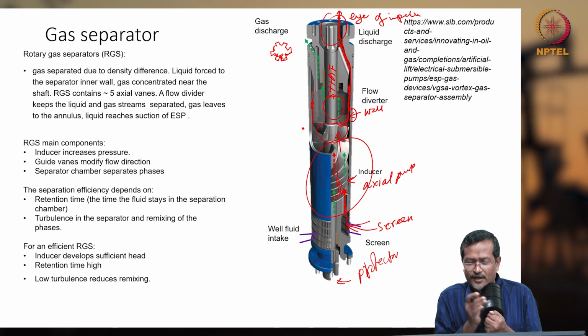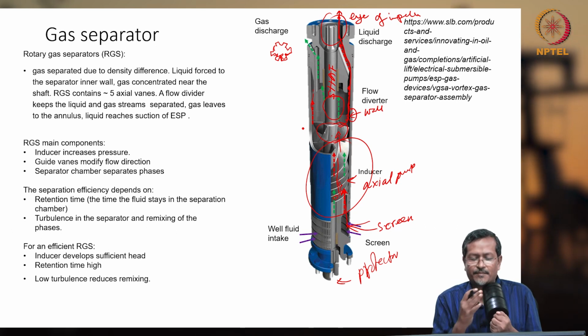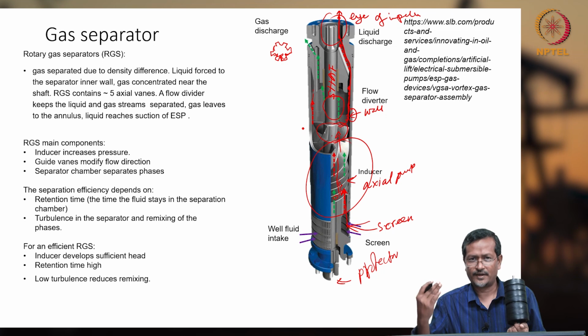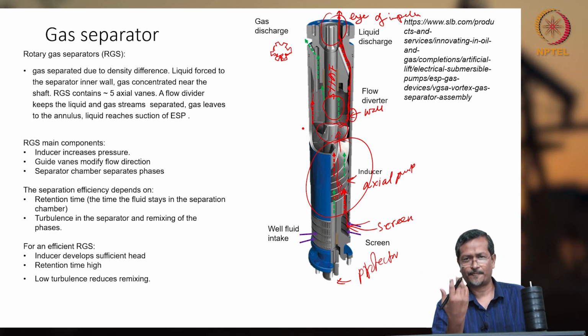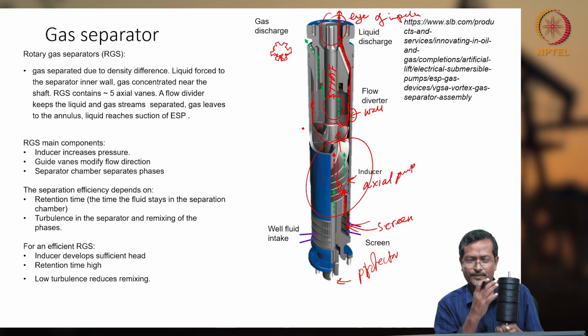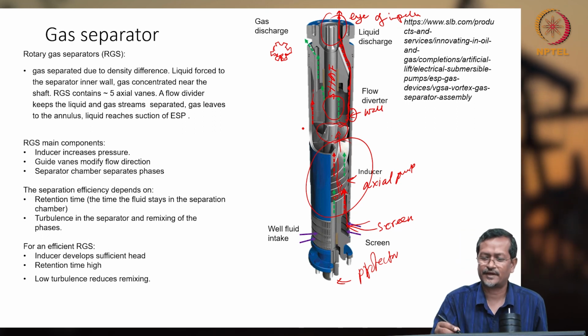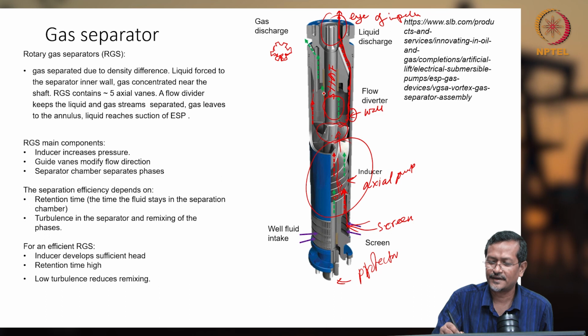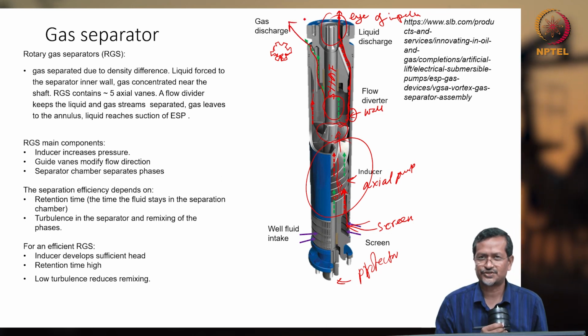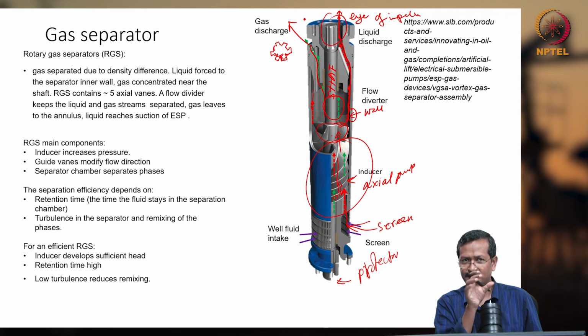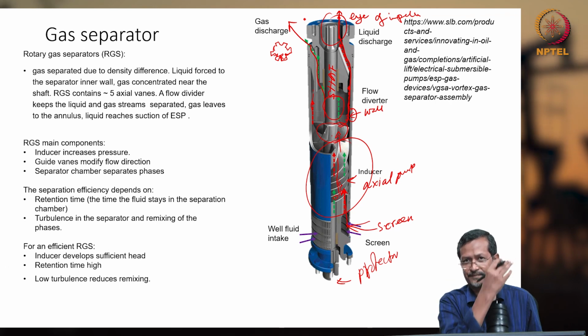The radius will be very low and it will be rotating like this. But high-density fluid, liquid, will be rotating with a high radius. High radius means it will be touching the wall, and low-density fluid will be rotating nearby the shaft only. Nearby the shaft, you make a certain arrangement, collect the fluid and pass it through your gas discharge area, maybe the tubing and casing independent annular area, and you push it there.